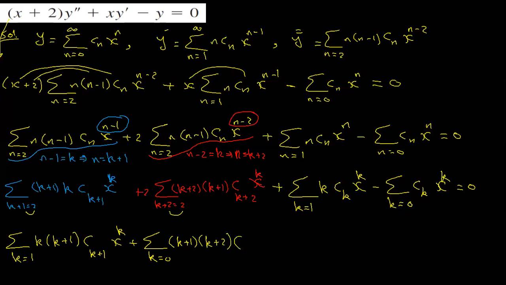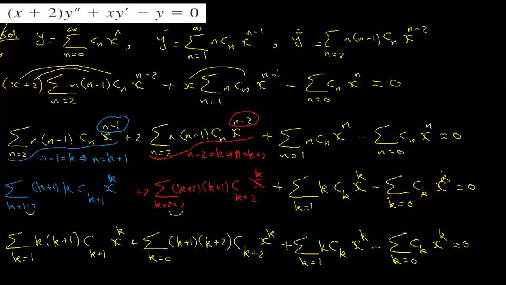Am I right here? C k plus 2, x to the k. Great. All of them with power k. So k equals 1, k Ck x to the k. Excellent. All of them are x to the power k, Ck x to the k equals 0. And the last summation with k starts from 0. Unfortunately, not all my indices start from the same number.